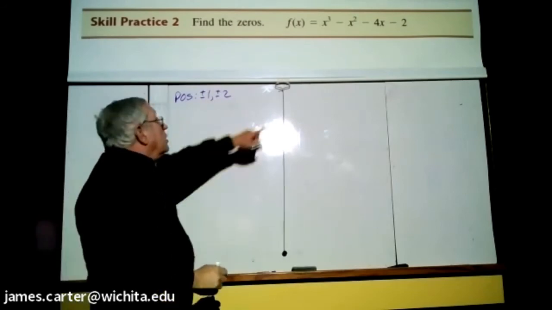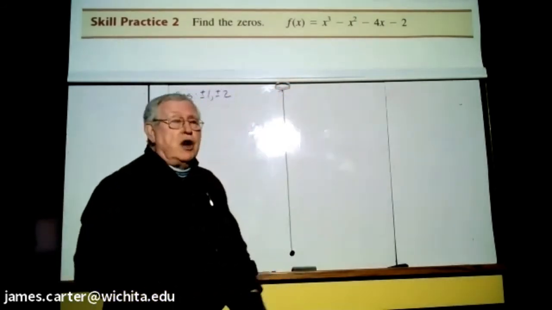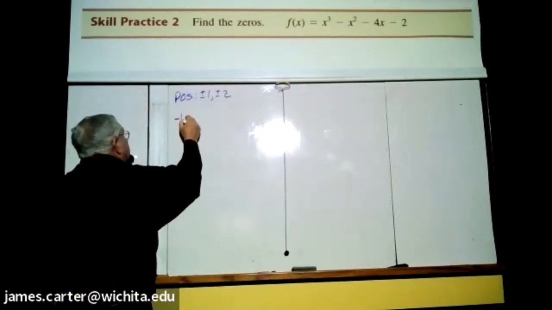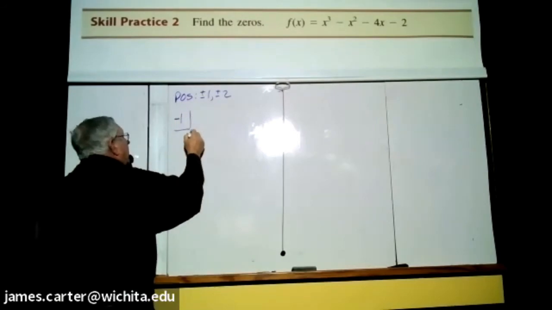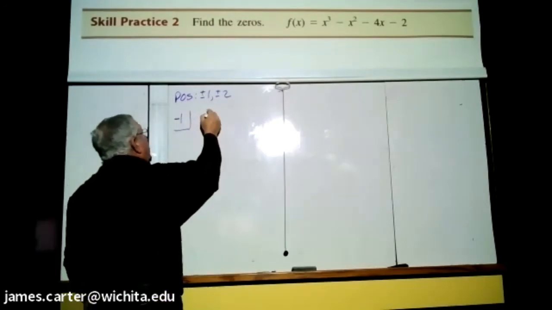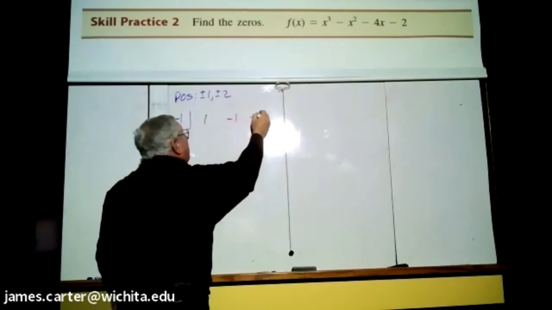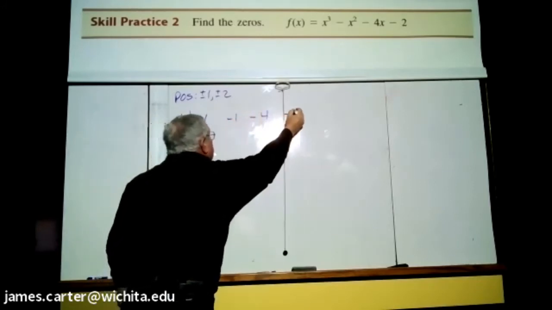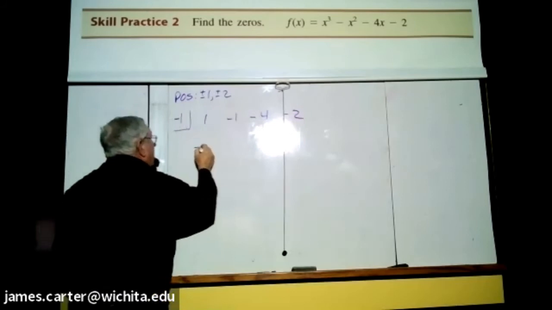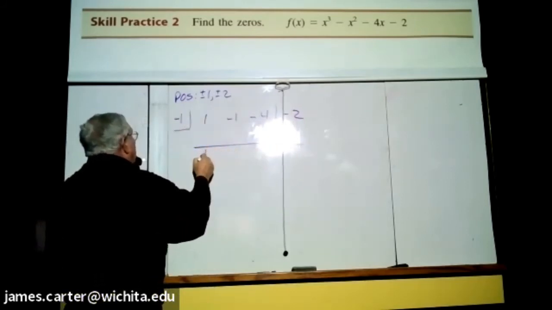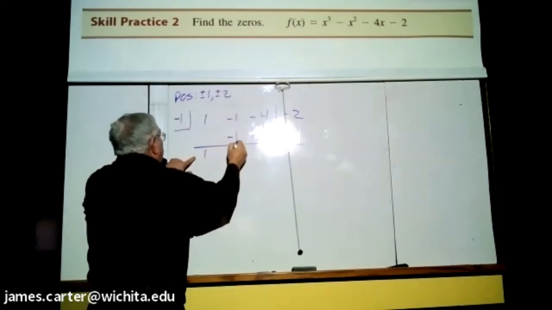No, because that's negative on the end, I'm going to try negative 1. So I've got 1, minus 1, minus 4, minus 2. Bring down the 1. I get negative 1.